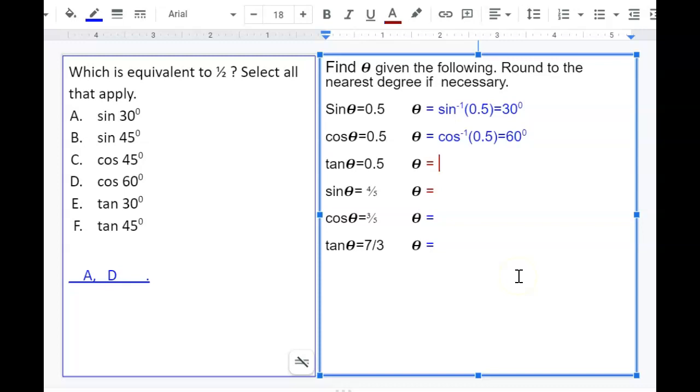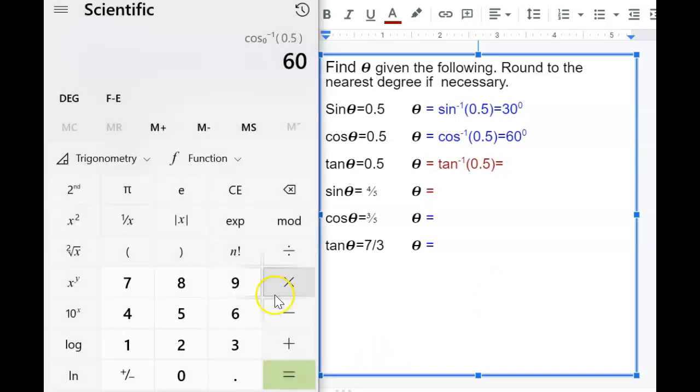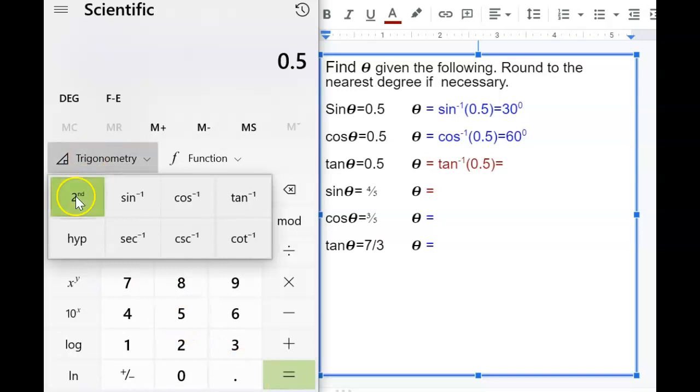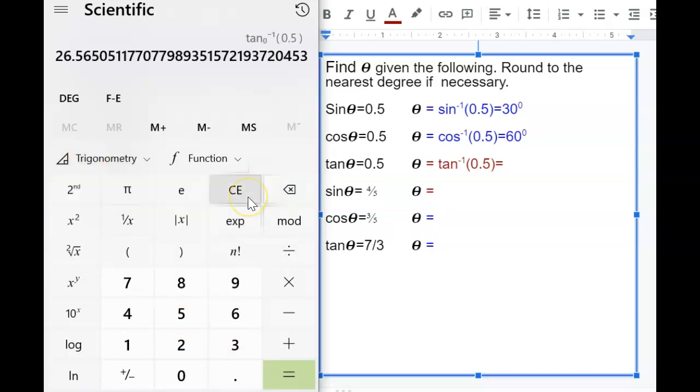All right, next we have tan theta equals 0.5. Therefore, theta would be tan inverse of 0.5. And now let's work that out. So we have 0.5, click on trigonometry, click on second, and then tan inverse.